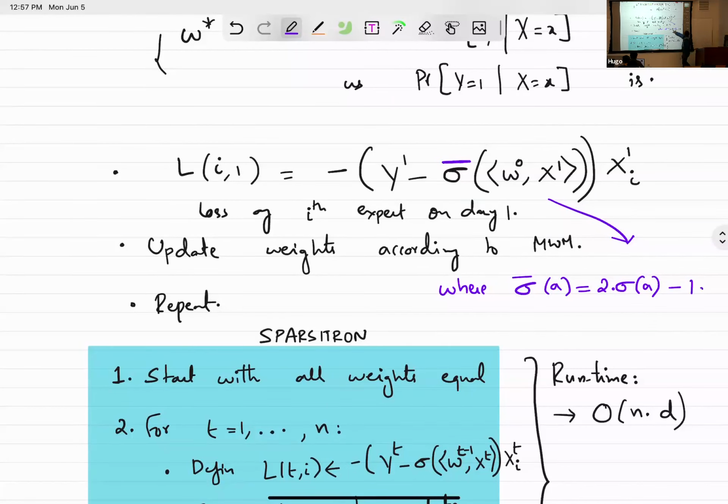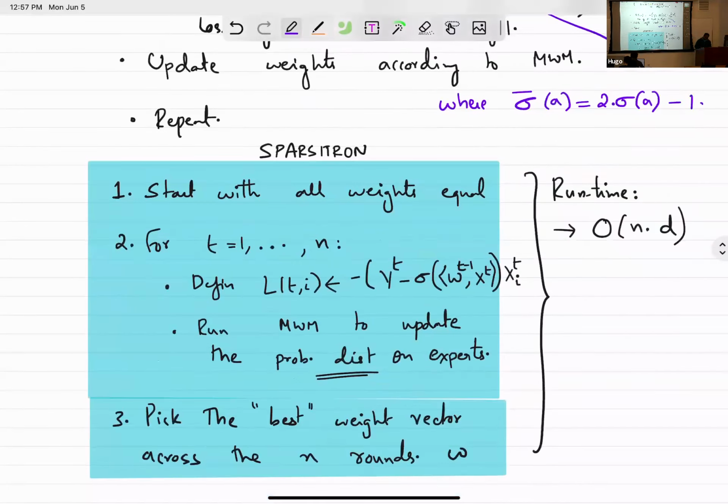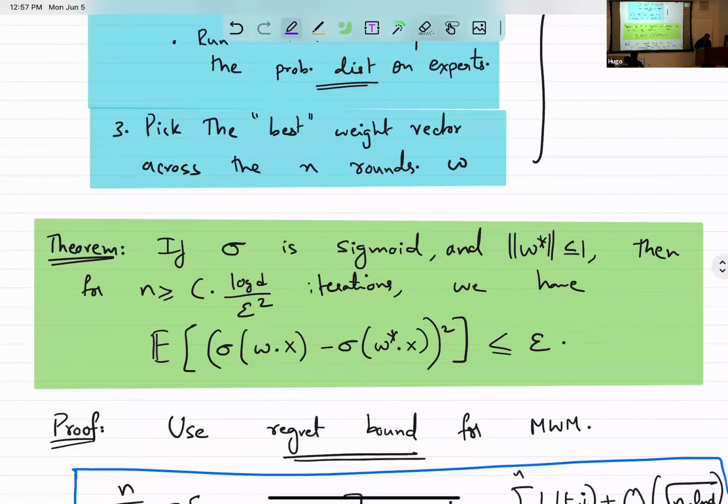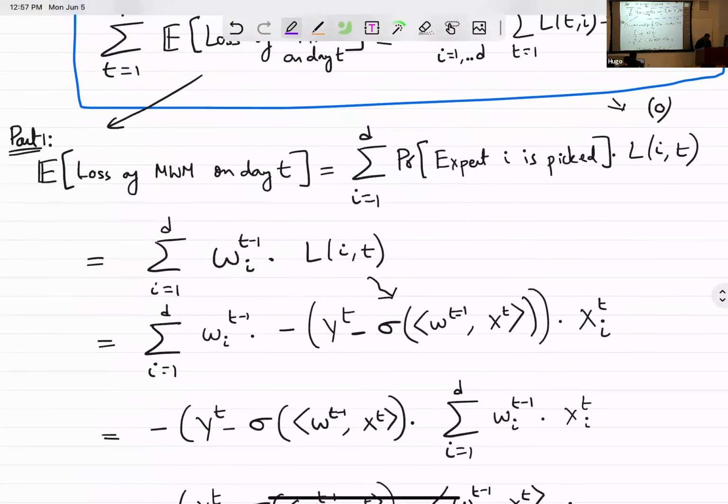So I'm defining a new function which is just 2 times sigma of A minus 1. The same reasoning holds, but I want the math to follow properly, so based on the analysis, I'm going back and just changing this constant. Everything is just the same again. I'm going to put sigma bar here, here, and here.